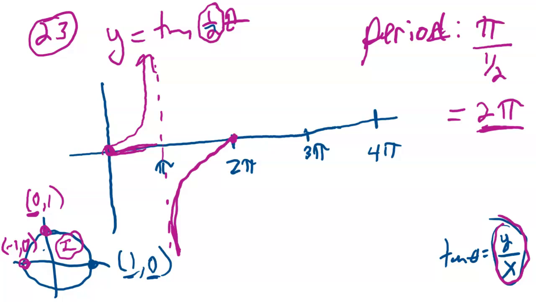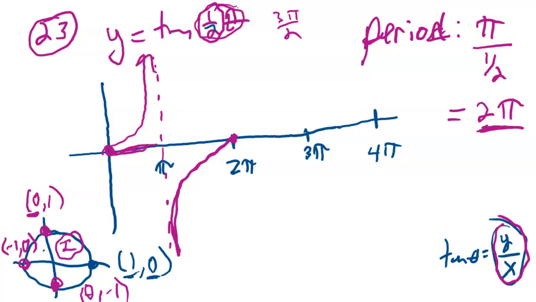All right, so now I go to 3 pi. I plug 3 pi into here. So I get 3 pi over 2. Tangent of 3 pi over 2. Let's take a look. 3 pi over 2 is down here. This is 0, negative 1.